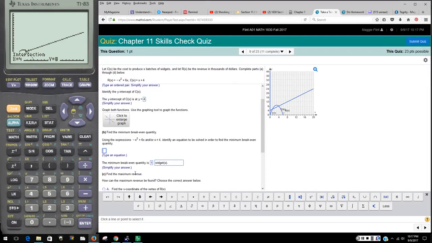So we have found the equation now. The equation is negative x squared plus 6x is equal to x plus 4.